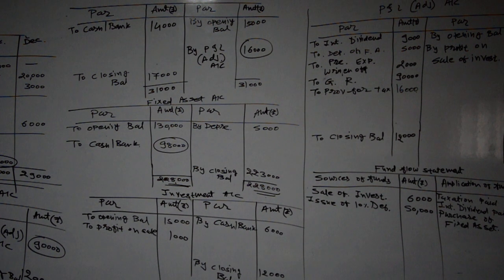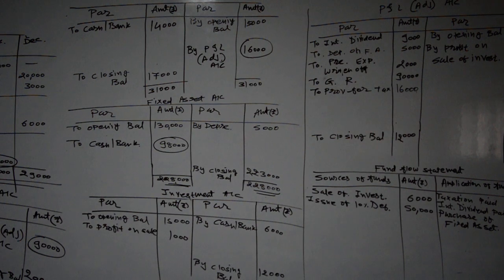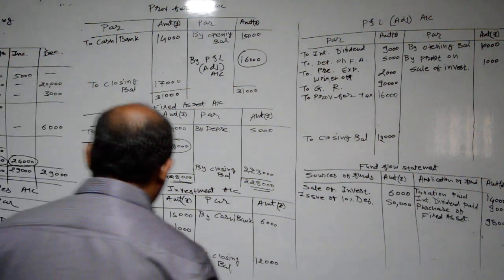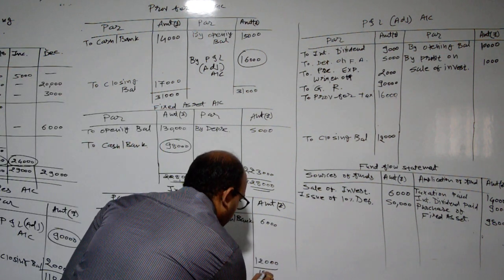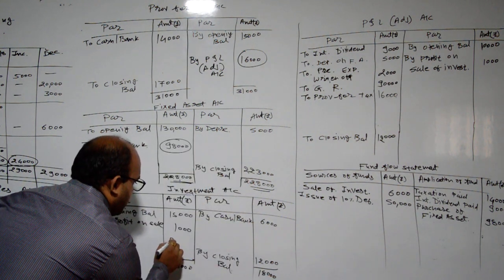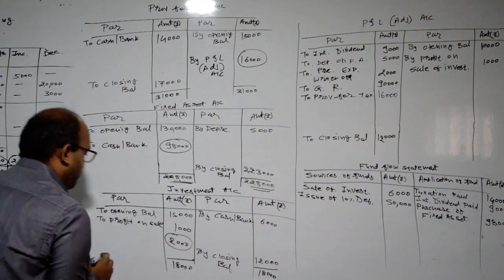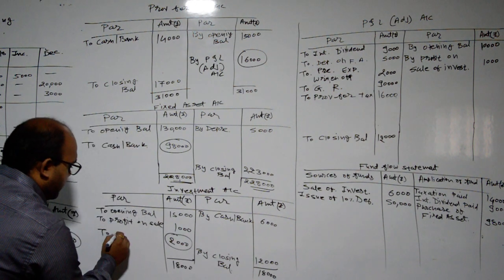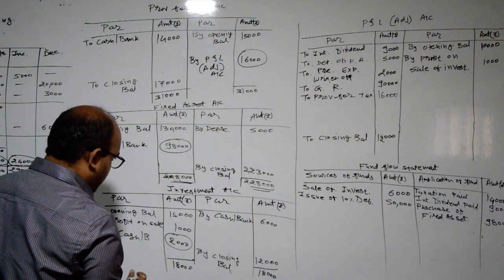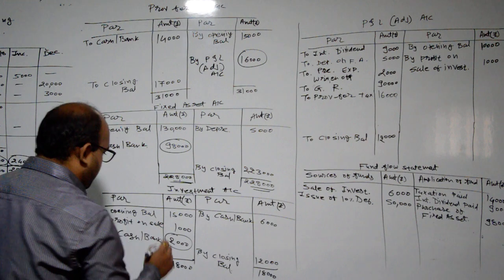Then we are required to close our investment account. So in investment account, the total will be 12,000 plus 6,000, how much amount? 18,000. Here a difference of rupees 2,000 on debit side means we have purchased new investment, investment account debit to cash or bank account.